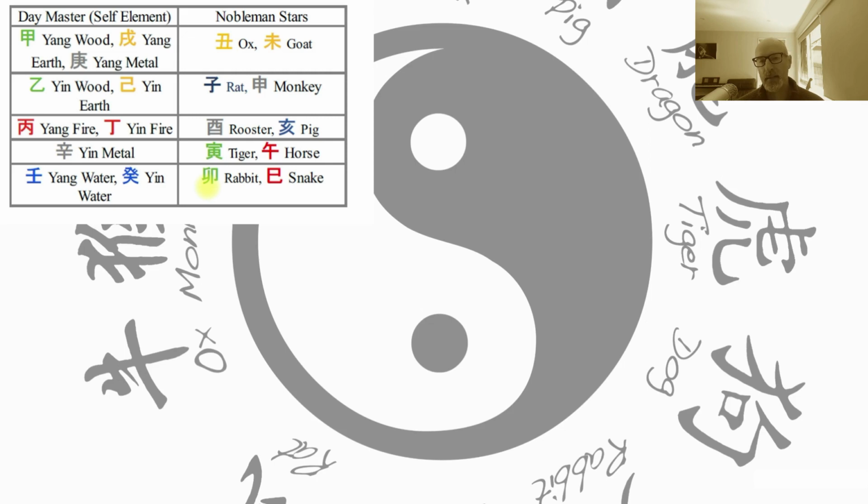If they come up in the annual year or through your luck cycles, this is when the noblemen can come in and assist you to achieve your destiny. There are some charts that can really make it on their own. They can be self-made, where they don't tend to need these kind of things. But the Nobleman Stars are always a bonus if they do come in.